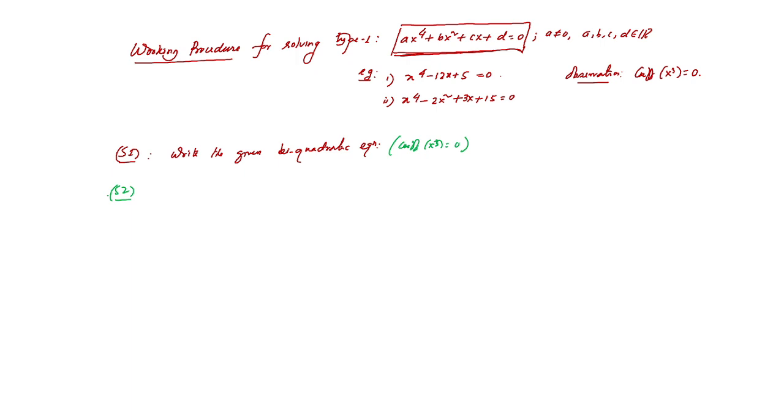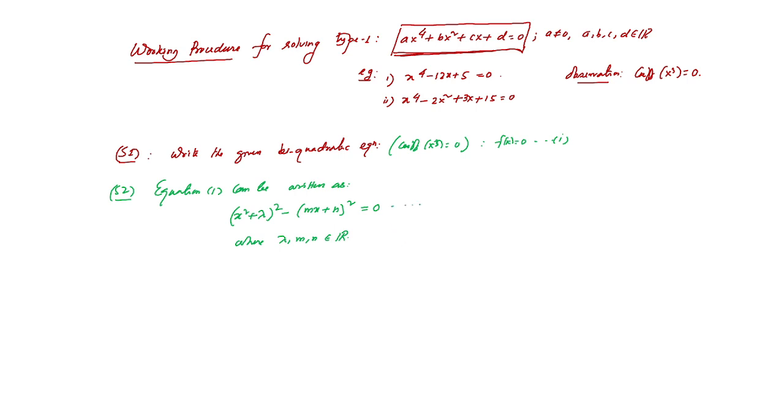Step 2: this equation, f(x) equals to 0, call it equation 1, can be written, since the coefficient of x cube vanishes, as (x square plus lambda) whole square minus (mx plus n) whole square equals to 0, where lambda, m, n are real numbers.